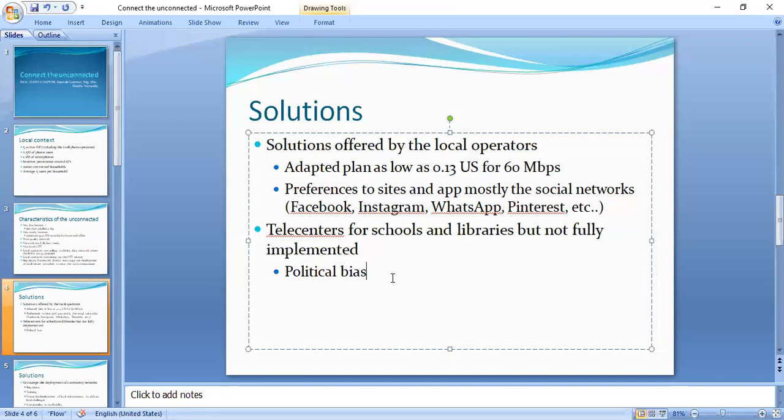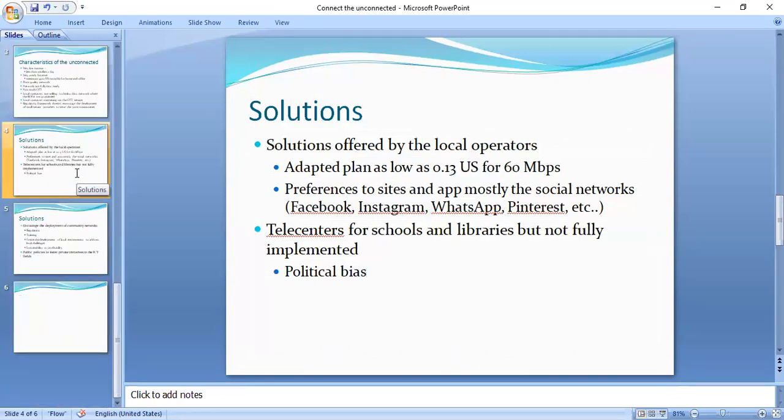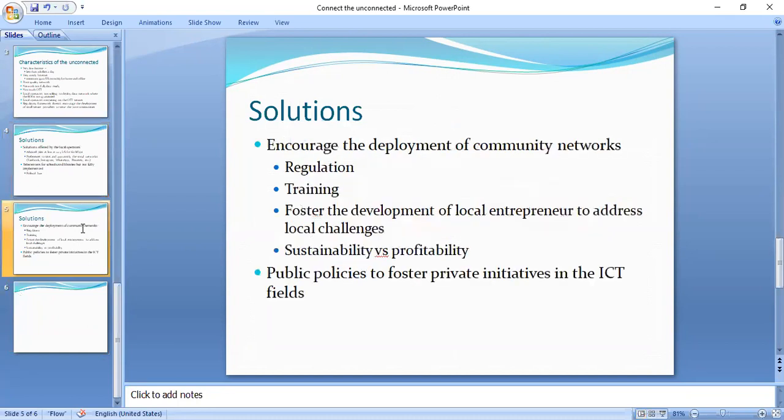So, with all that said, there is a need to encourage the deployment of community networks. When we talk about community networks, it must be addressed in a manner of public policy.